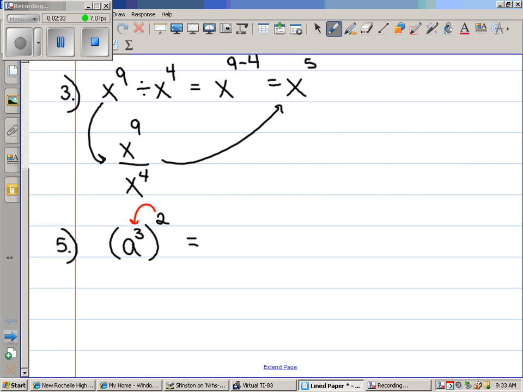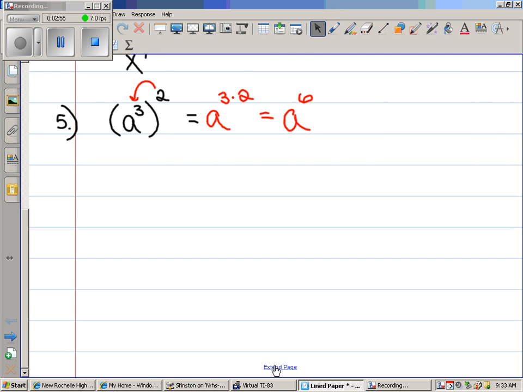That's because typically all things outside of the parentheses multiply the things inside the parentheses, and you should get used to that. So this is going to be a to the 3 times 2, and that's a to the 6th. Piece of cake, right?